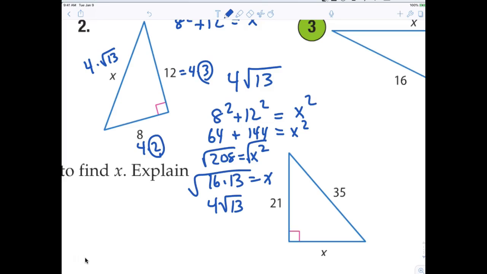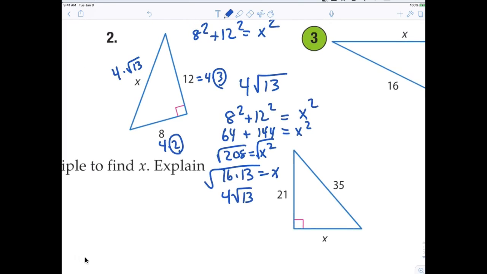All right, so now I'm going to say it one more time just to make sure that you hear me. Whenever the legs have a common factor, does everybody agree there was a common 4 here, right? That just can come over to the hypotenuse as whatever the answer is times 4. Now, what am I referring to? I'm referring to whatever the answer is to 2 and 3.